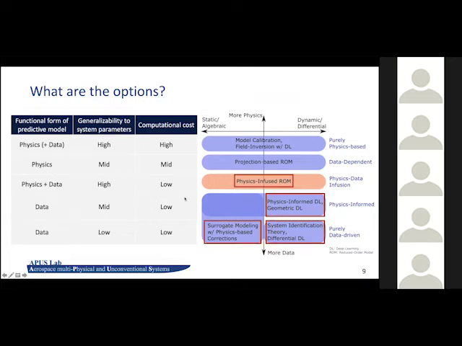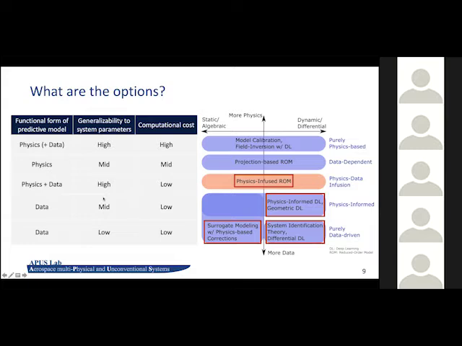In our group, we mainly focus on the lower four items. Namely, we for sure want faster computations, and gradually we want increasingly high generalizability to system parameters.